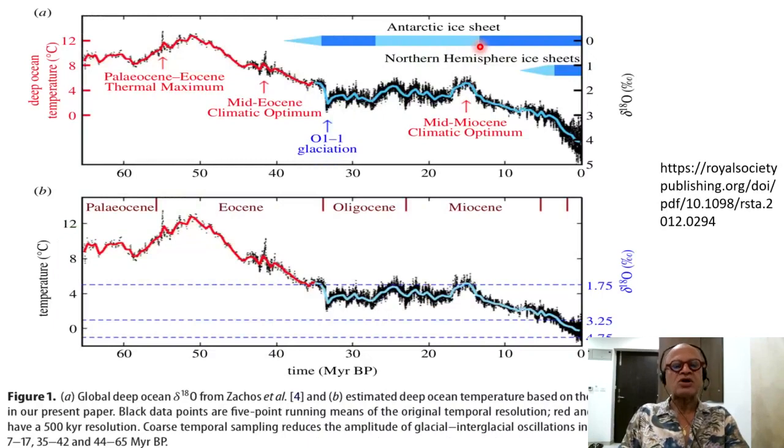There is a much longer context to this, again looking at deep ocean temperatures and delta O18. We can go back to the time of the dinosaurs when they went extinct. Temperatures were up here compared to where they are at present in terms of deep ocean temperatures.